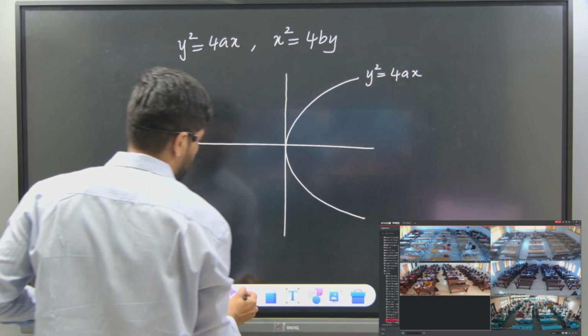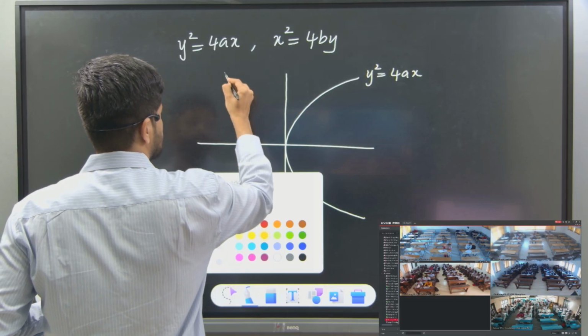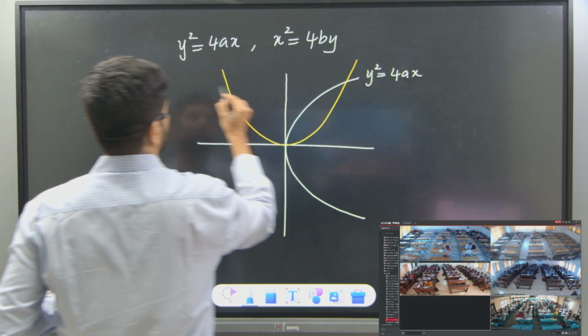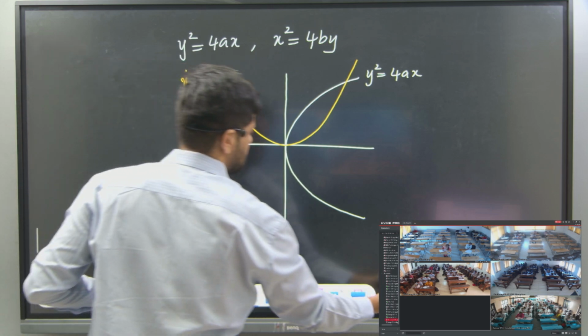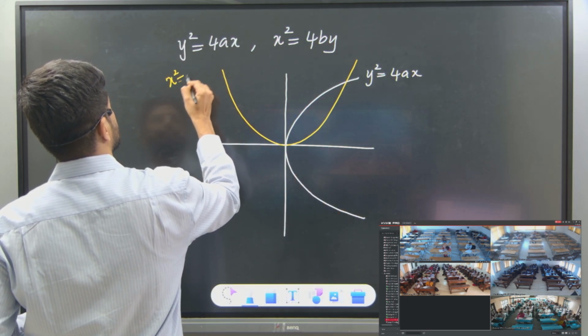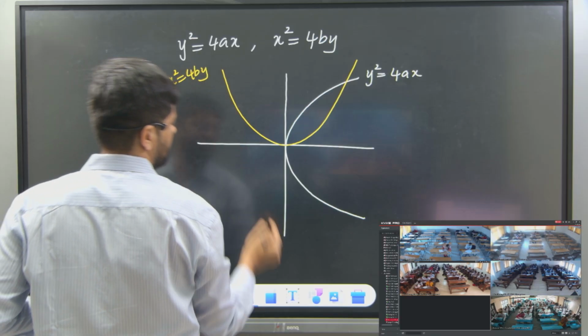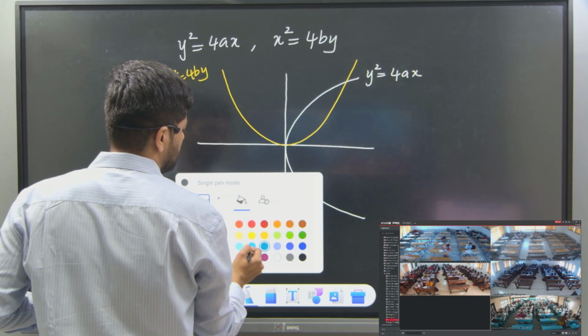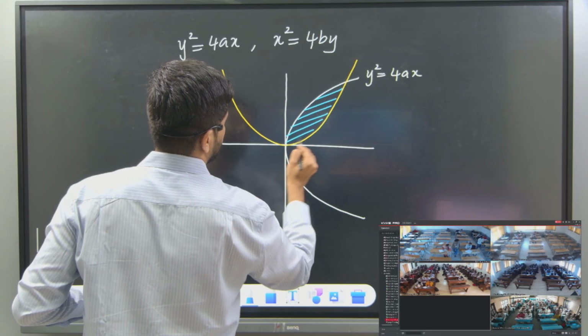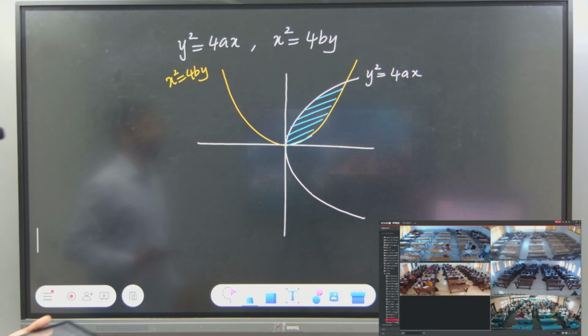The next parabola that I have is x square is equal to 4by. It cannot be a again. You have to find out the area between the two parabolas, the area formed between the two parabolas.